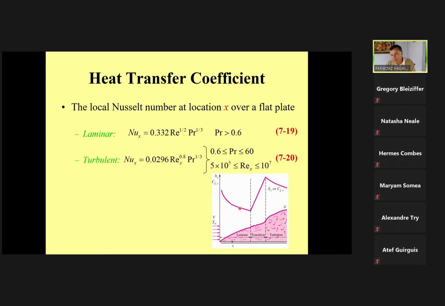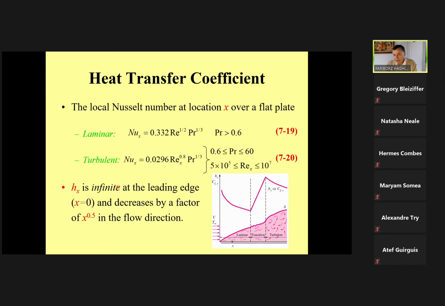It slowly drops with x, because remember, here the Reynolds number and here the value. Keep in mind these are local. This is x again, this is x again. These are local, and these are the Prandtl number. The Prandtl number is only a characteristic of the fluid we are dealing with. Therefore, now we have equations to calculate the local heat transfer.